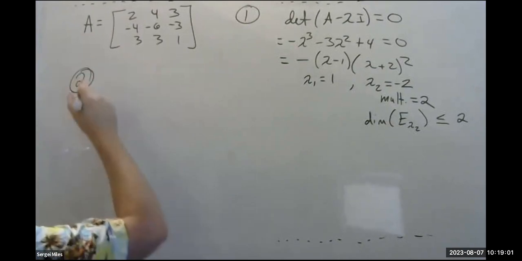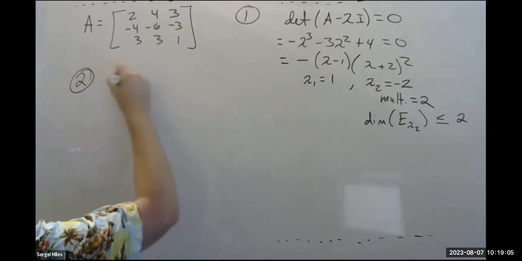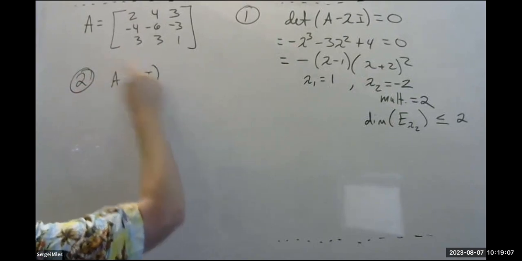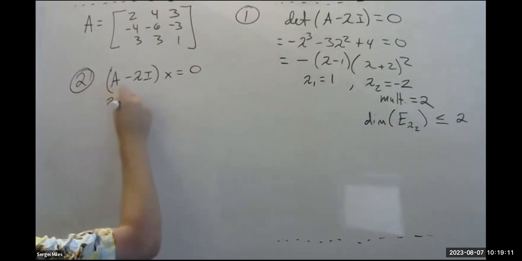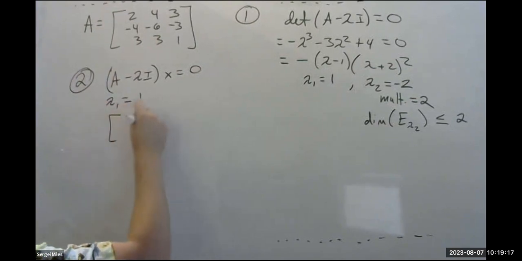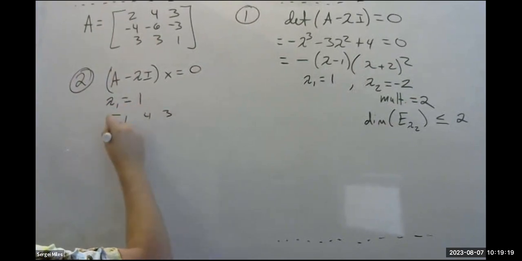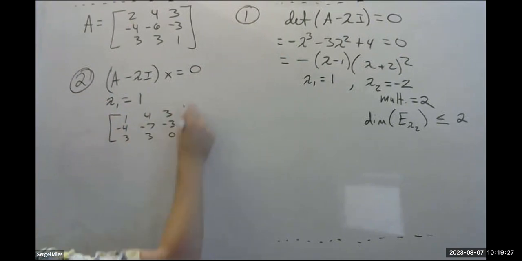So step 2, we're looking at A minus lambda I, this homogeneous system, and we want to solve for x. So let's start with lambda 1 equals 1. I'm subtracting 1 from the diagonal. So we have 1, 4, 3, negative 4, negative 7, negative 3, 3, 3, 0, augmented with 0.